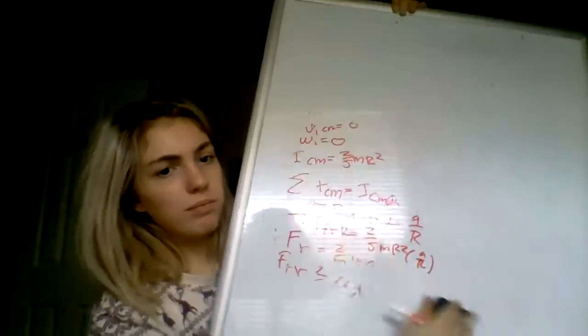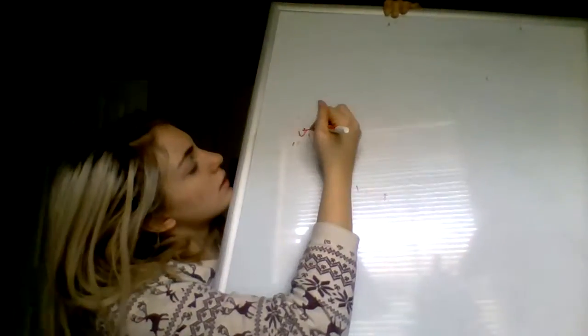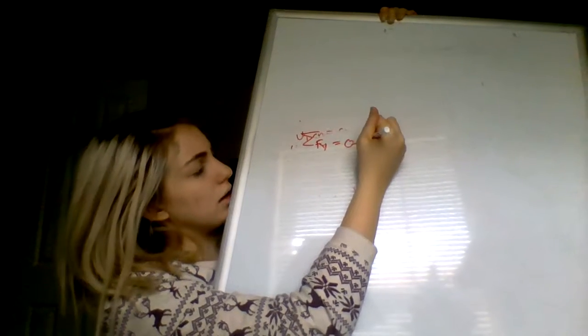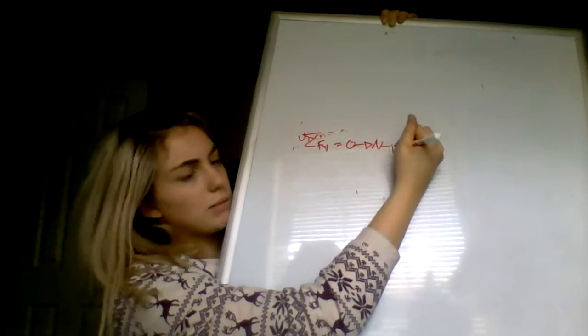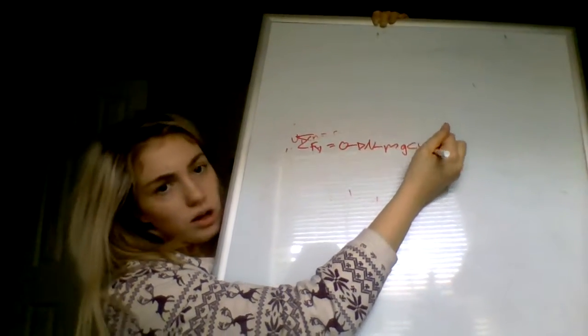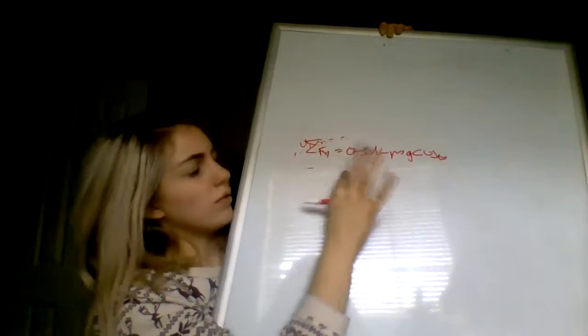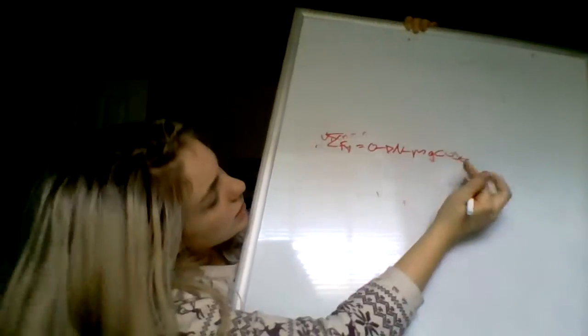So we do the sum of the x and y coordinates. F of y is 0, which is N minus mg cosine theta, which will equal 0, this is what we use.